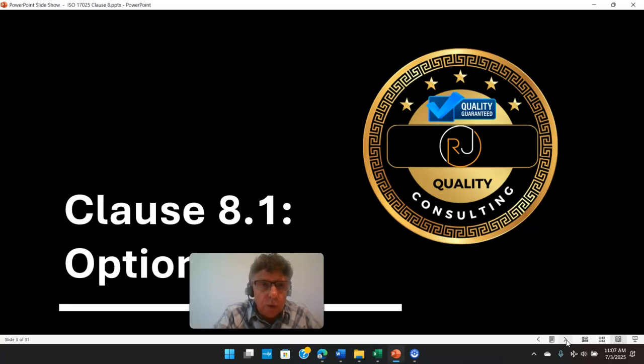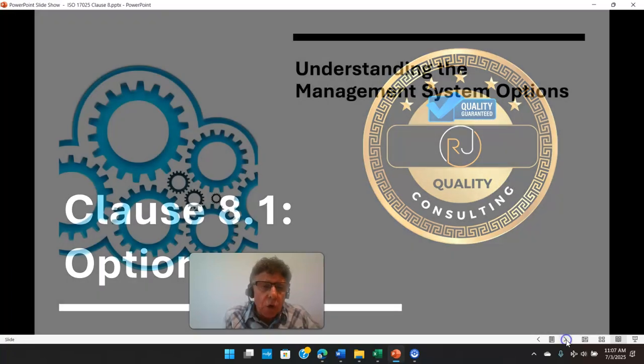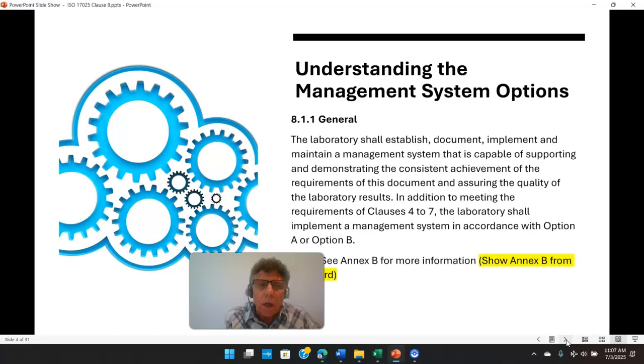I do accreditation assessments on behalf of an accreditation body, and I often get questions, especially when it comes to the two options that you are offered within the ISO 17025 standard, and I'd like to clarify some of those questions. So first of all, ISO 17025 offers two options, option A and option B.